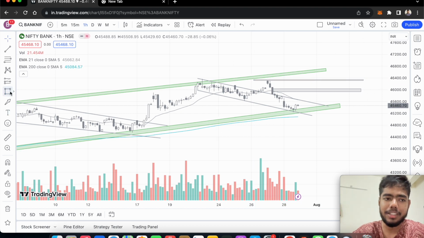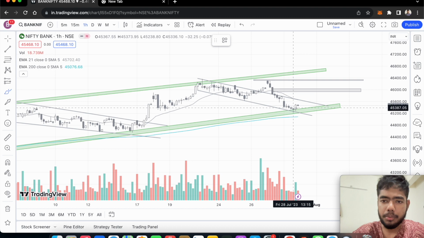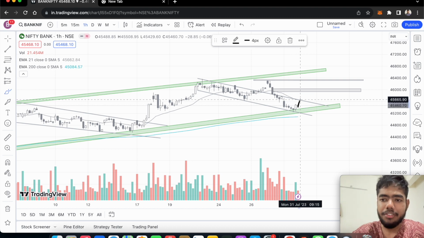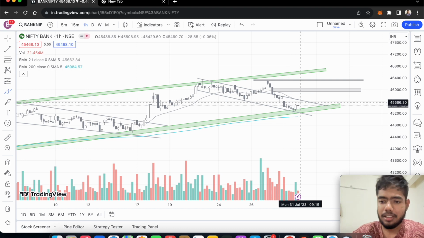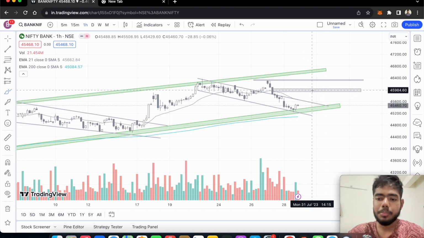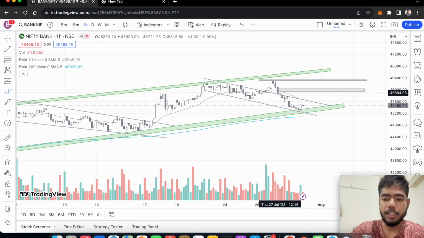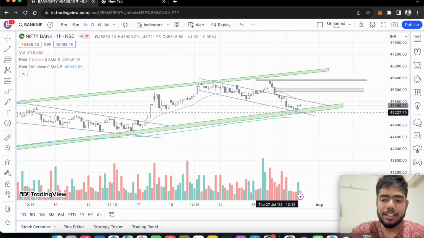Even if the market starts to go upwards, if 45,600 is taken out on the upward direction, then the markets may move till 46,000, and from there we can again observe some round of profit booking. If I were to talk about my view, what I expect is that the markets are slowly moving into a phase of consolidation before the next round of buying comes in.